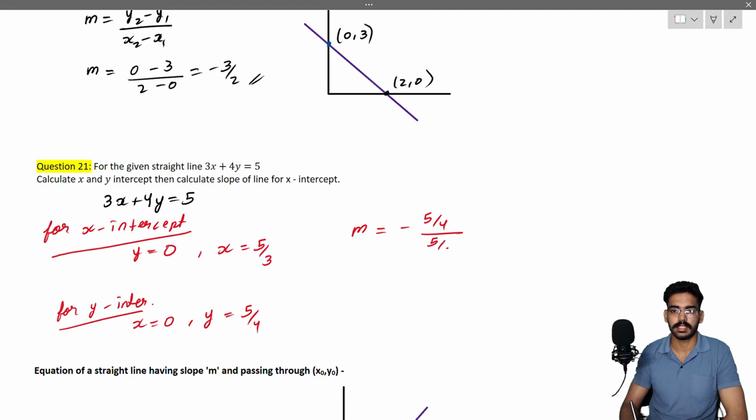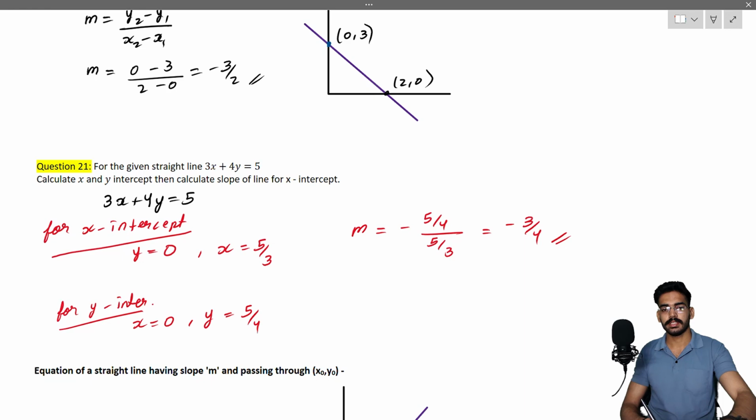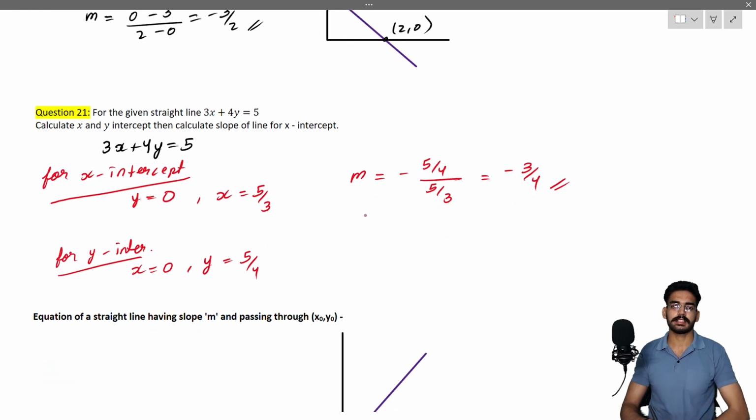From there also you will get the same thing. So from here you will get minus 3 by 4. This is your slope. So we have found the x-intercept, y-intercept and slope: x-intercept is 5 by 3, y-intercept is 5 by 4 and the slope of the line is minus 3 by 4.